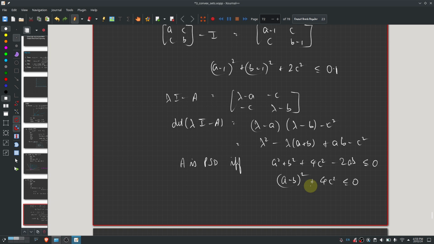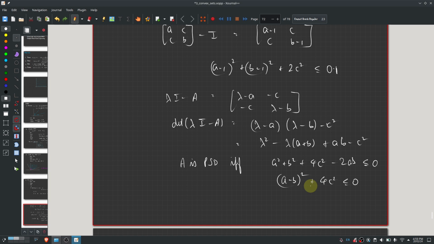Correct. So for a symmetric matrix the eigenvalues are always real. So it just suffices to check the trace and the determinant of the matrix. All you have to verify is that the sum of the eigenvalues is greater than or equal to 0, and the product of the eigenvalues is greater than or equal to 0.